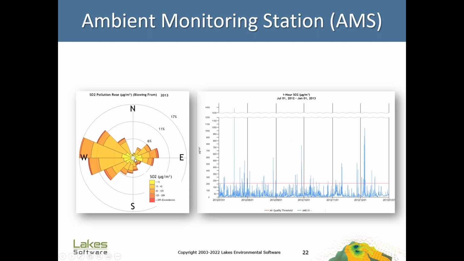Just by using the monitor station, nothing else, we can generate a pollution rose that indicates where the pollutants are actually coming from. The refinery is here. There was a petrochemical plant farther than the refinery, but it was the one contributing all the exceedances. So it adds more value.